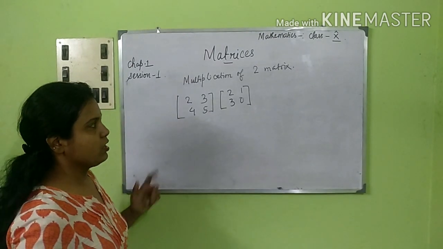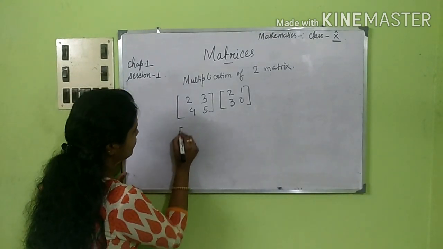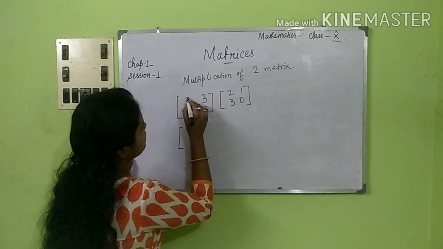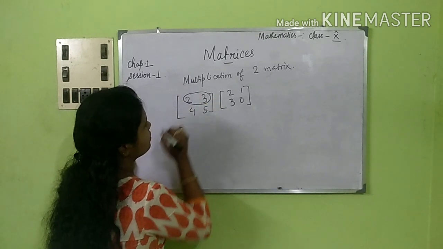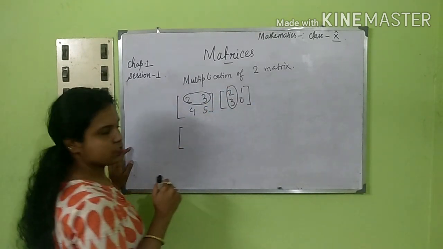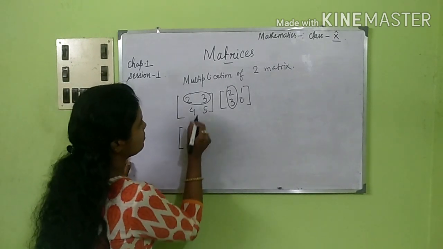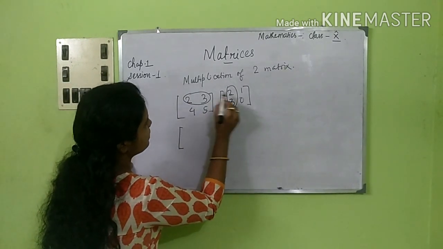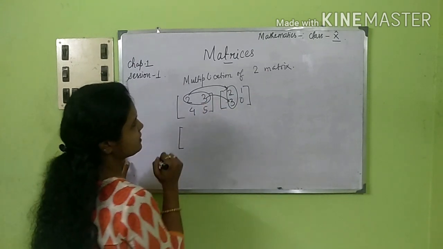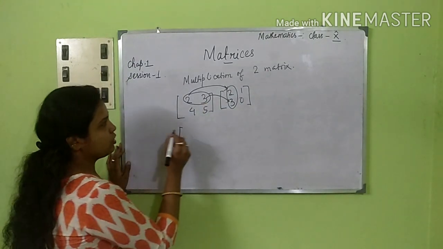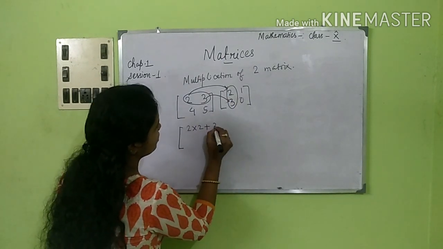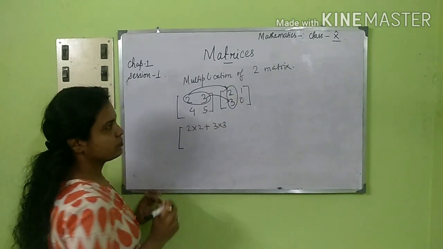Okay? So, how will we multiply this? This row will get multiplied with this column first. That means this element with this element, and this element with this element. That is 2 into 2 plus 3 into 3.